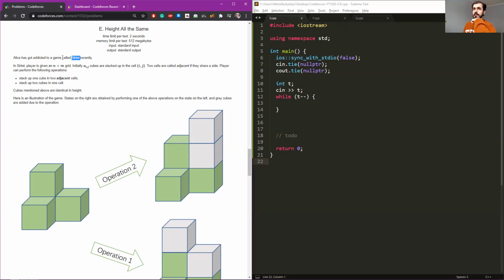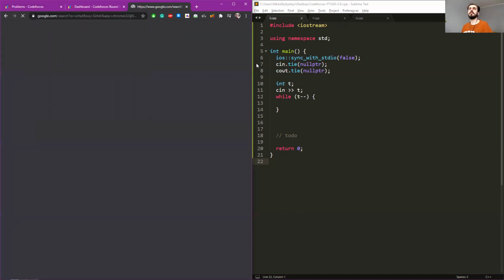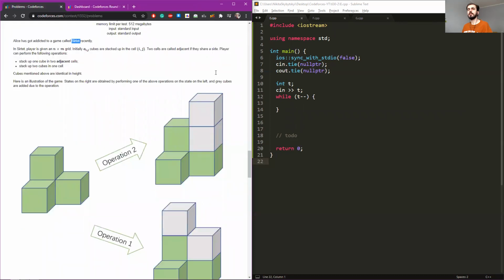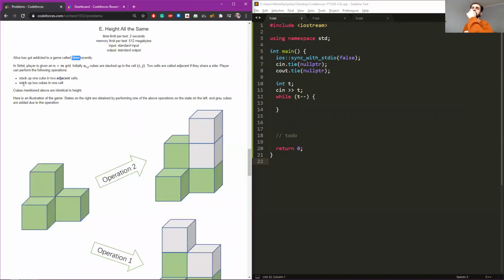Alice got addicted to a game called Sorted. Oh, it's like three-dimensional Tetris. In the M by M grid, a_ij cubes are stacked up in the cell (i, j). Adjacent cells share a side, okay?